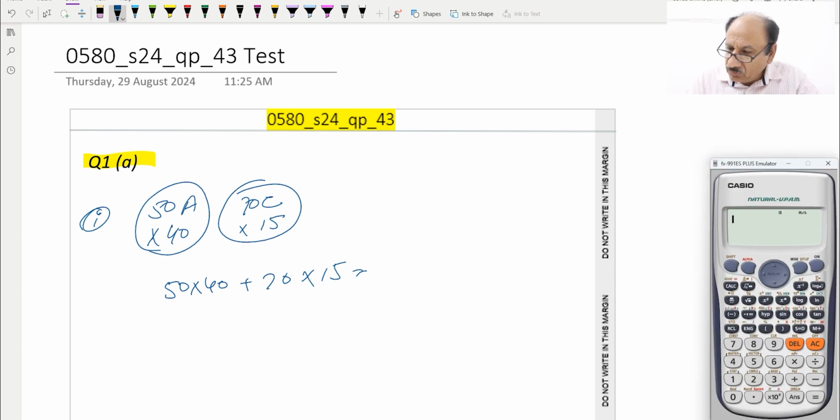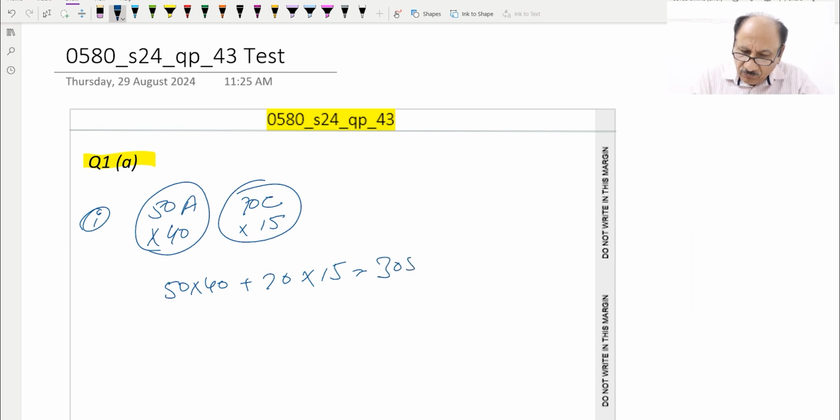This is only a 2 marks question, simple and straightforward. We just write the numbers and multiply properly, and this is $3050. So we provide 3050 at the proper location, and it is a 2 marks question as mentioned.